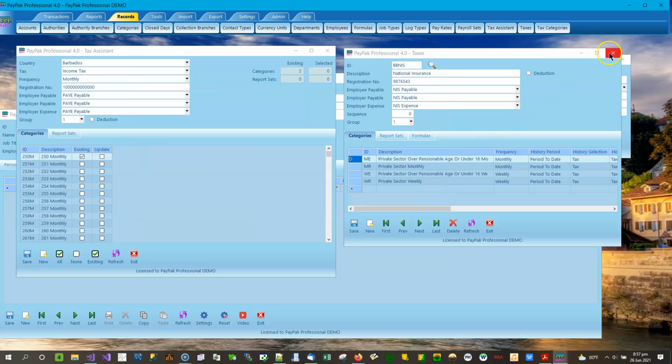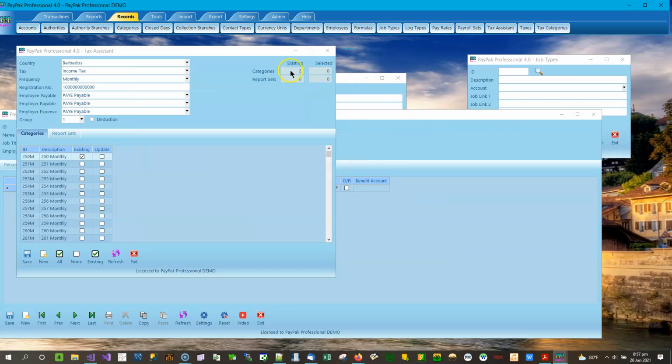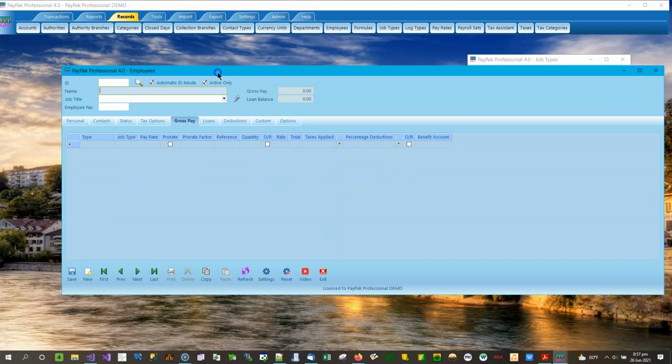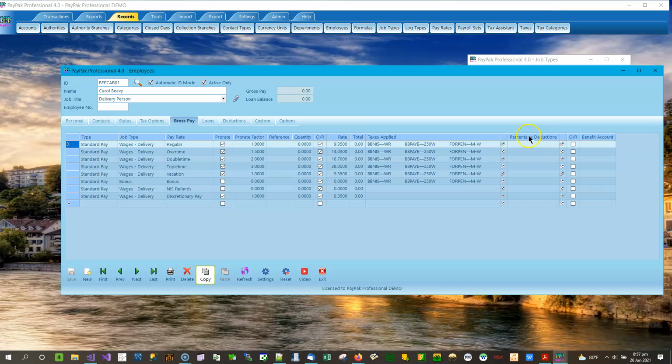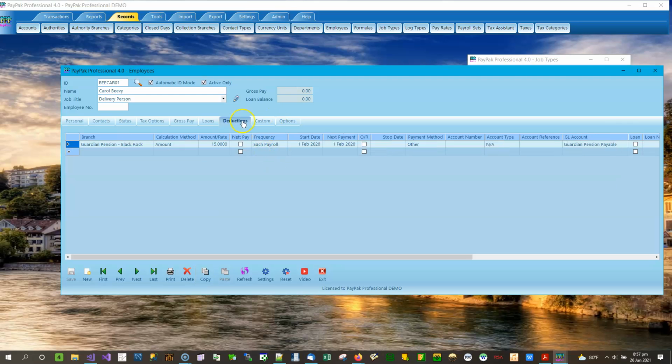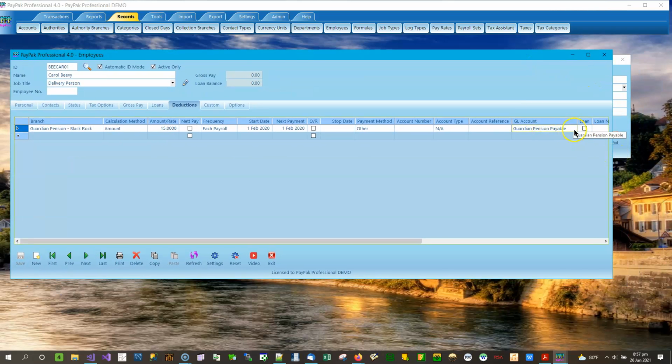And let's go to the employees screen again, and let's call up Carl Beavy again. Now the deductions are done directly under the employee profile. So where there's a deduction, this is a Guardian pension, you will have a GL account number here, and this is the account which will be credited with that deduction which comes from the employee's pay.